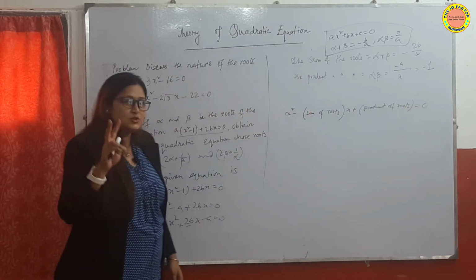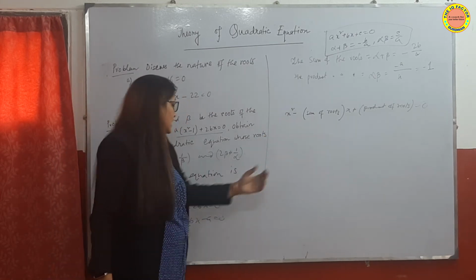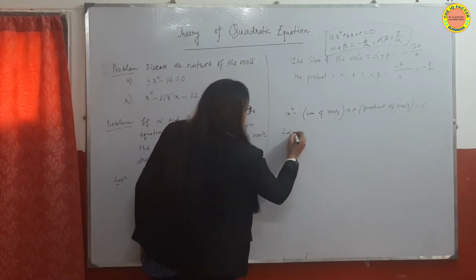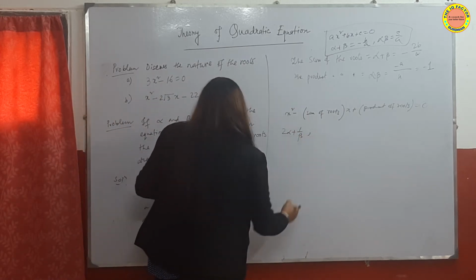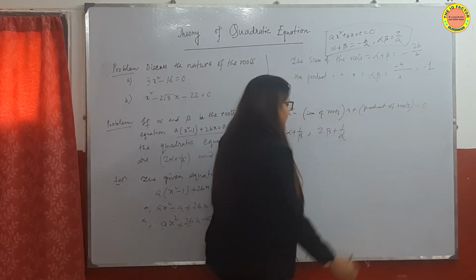So if any two roots are given, the equation will be that. Here the roots are 2 alpha plus 1 by beta and 2 beta plus 1 by alpha.